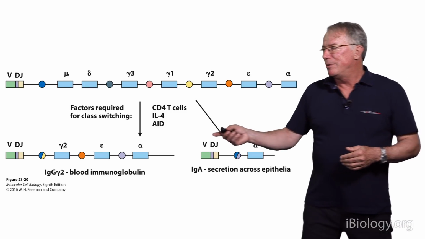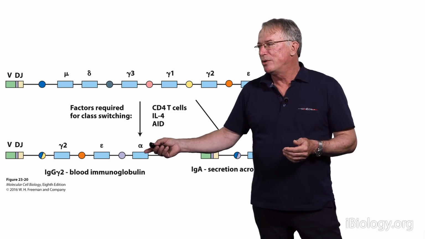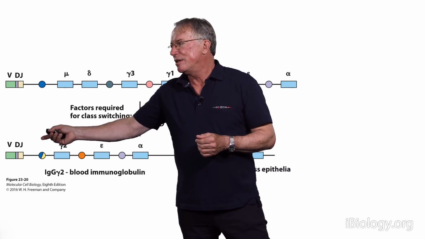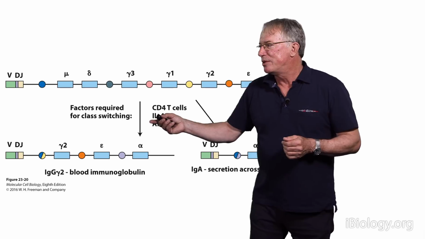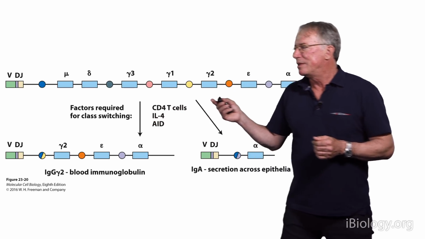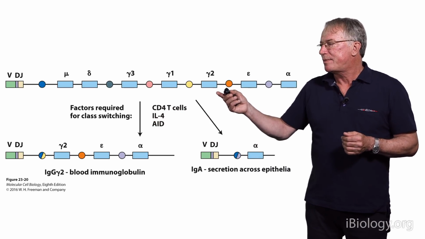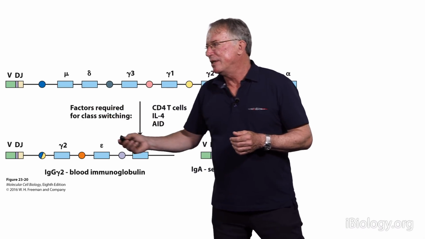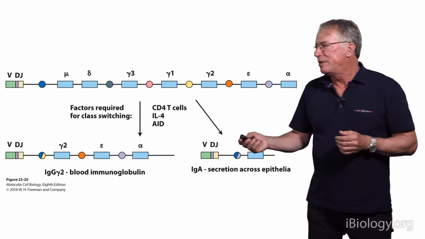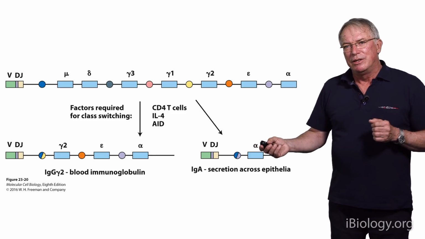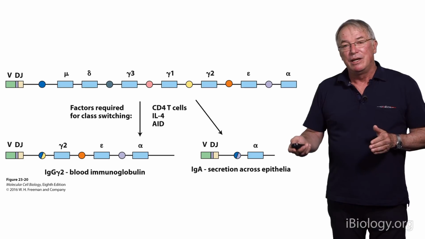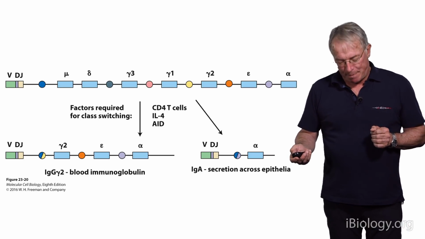So at the end of the day, you might end up with an IgG-producing B lymphocyte, which takes this VDJ cassette and places it in juxtaposition, in my example, with the gamma-2 constant region. In yet another example, you might take that very same VDJ combination and instead hook it up to the alpha constant region so that you may produce this secreted version of the IgA molecule.